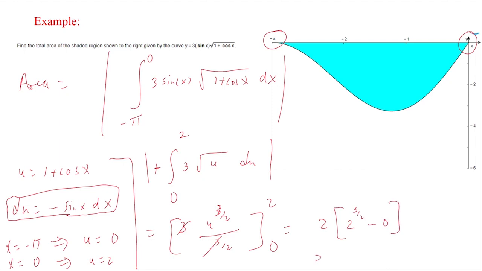So eventually it is 2 times 2 to the power 3 over 2, so eventually it will be 2 to the power 5 over 2. So that's the area. Because there is no negative sign, we can say that that's the area of this part. You can see that this negative sign is just gone because of this absolute value.